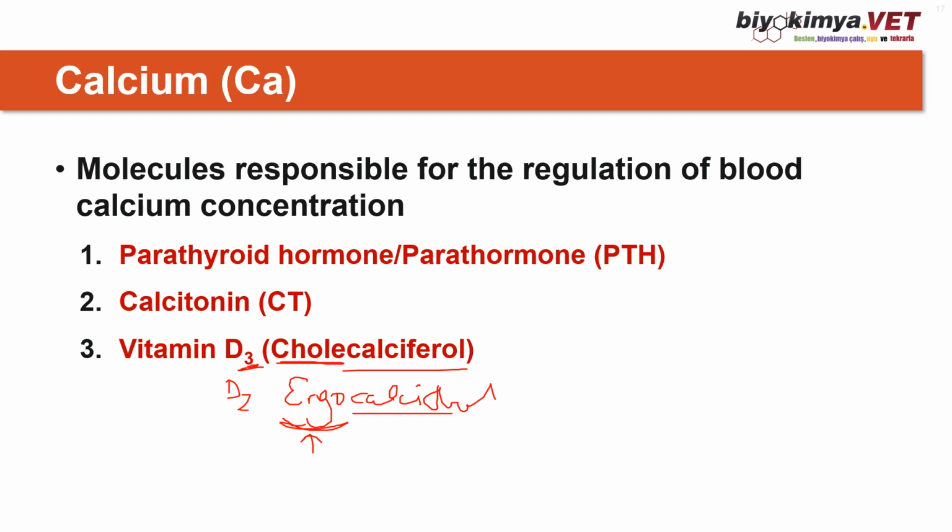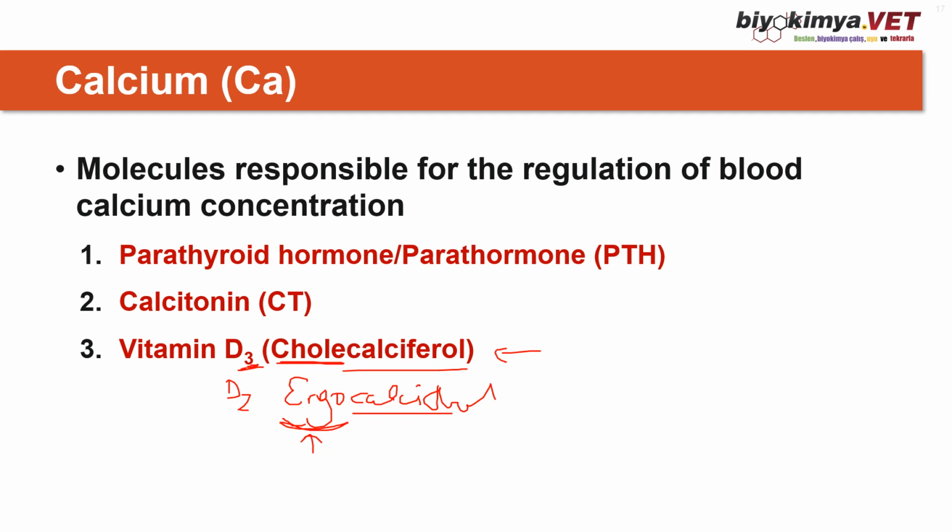Sometimes we just use vitamin D because they have the same physiological effect. And vitamin D3, as I said, is the animal vitamin D, synthesized in the body. Vitamin D has a sterol structure, and it also acts as a kind of steroid.